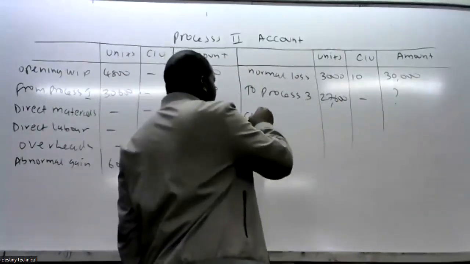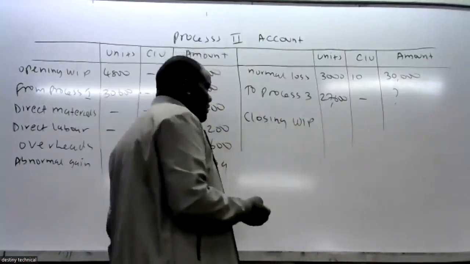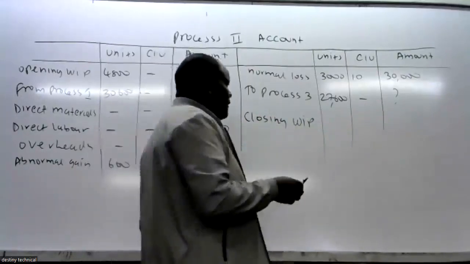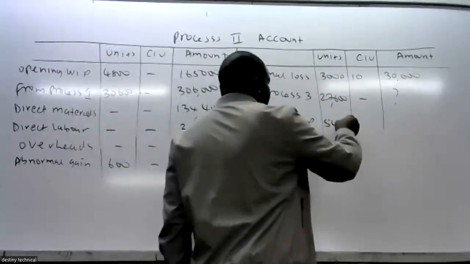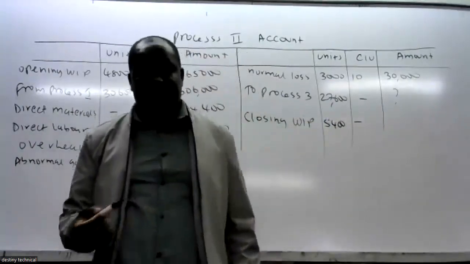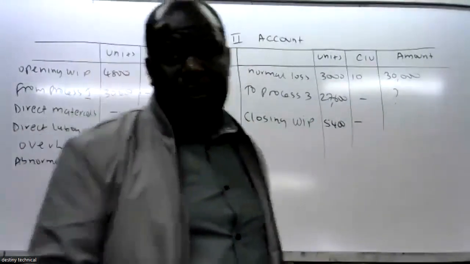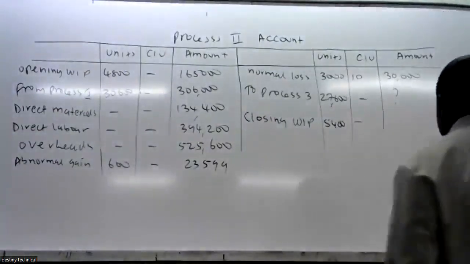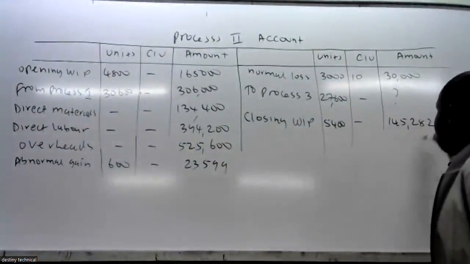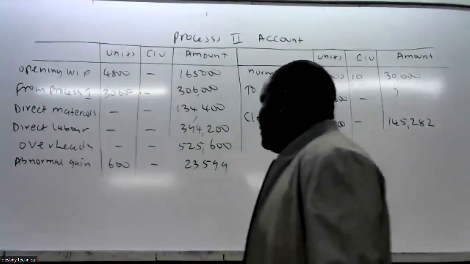Then closing work in progress. Closing work in progress, there were 5,400 units. So the amount, I was given the figure for that, which is 145,282. So get these totals.